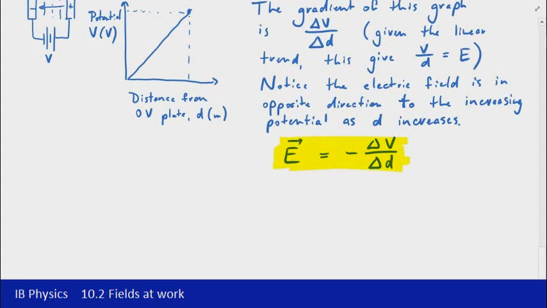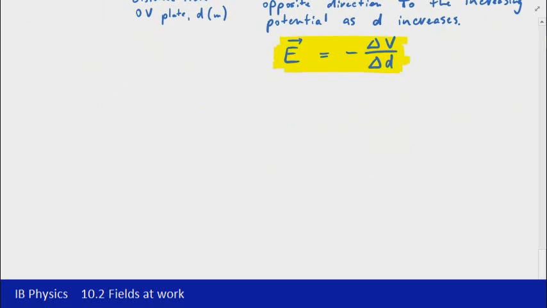You'll notice I'm highlighting it. It's one of the ones that's in the data booklet. So the electric field strength is the rate of change of potential with distance, but in the opposite direction. If we then graph that value, so if we graph the electric field strength versus the distance, we'd have a graph that looks like this.